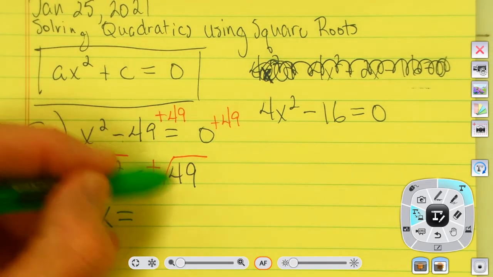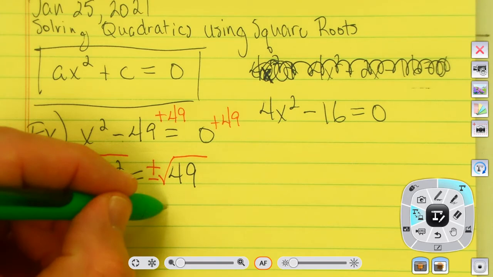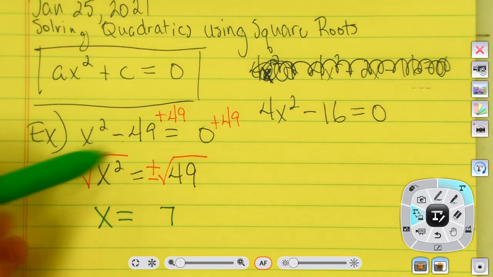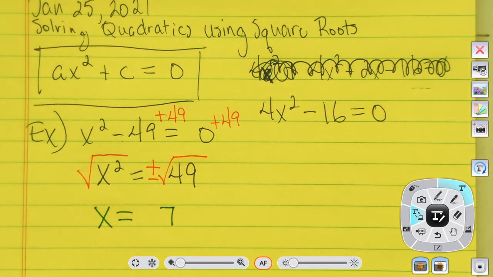The square root of 49 is 7, the principal square root. That's what this little square root sign means. It means the principal square root. But if I say x squared, x could have been a negative 7 as well.